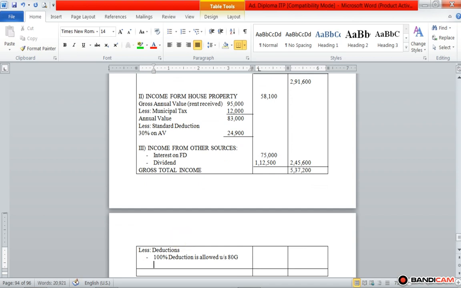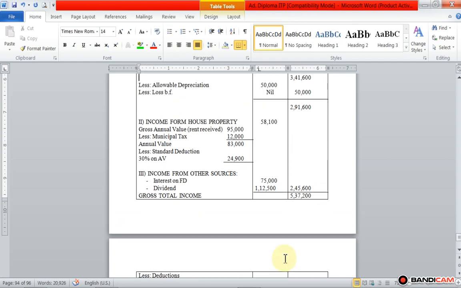Okay, 80G. Donation is paid to the Prime Minister Drought Relief Fund. So 100% donation is allowed for deduction.